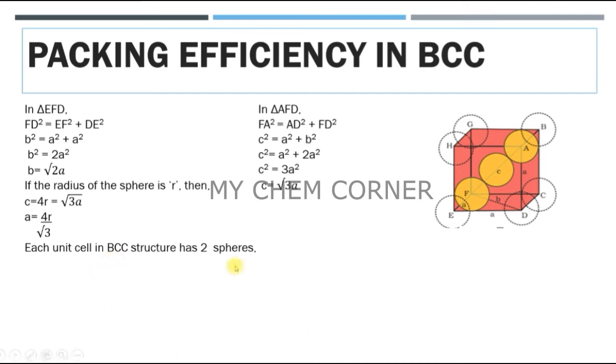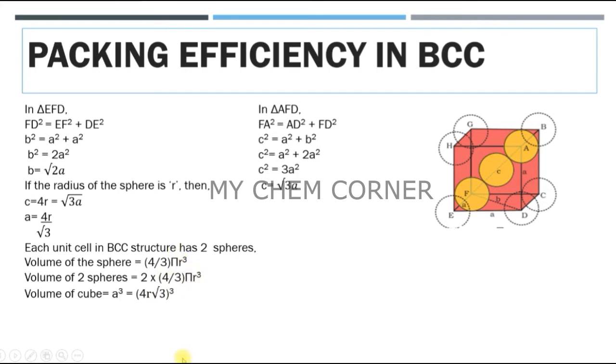So here for a BCC, 2 spheres belong to itself. Now the volume of a sphere general formula is 4 by 3 pi r cube. So because each BCC has 2 spheres belonging to itself, the volume of those 2 spheres is equal to 2 into 4 by 3 pi r cube.